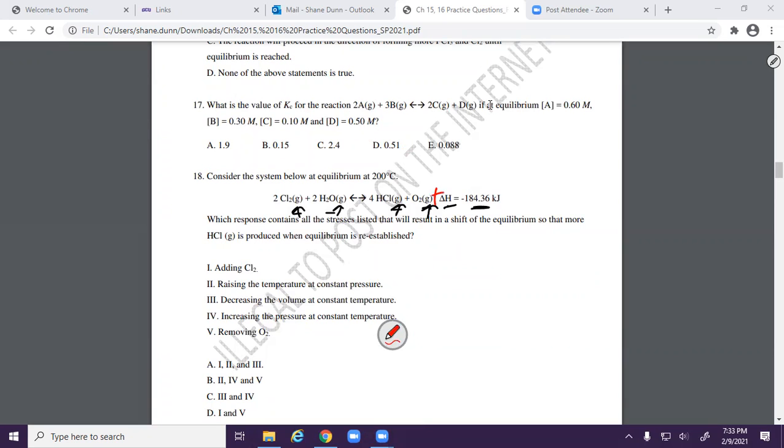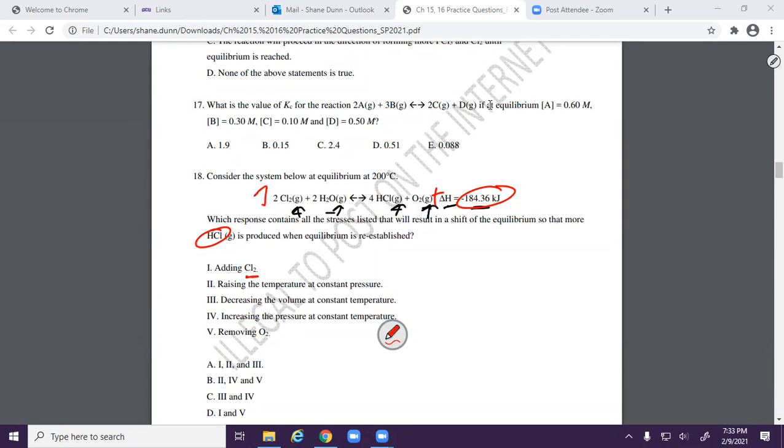The product side. It's exothermic. Okay, so what stresses will make more HCl gas? We're adding more of this. If I add more chlorine, will that force the reaction to make more hydrochloric acid, HCl, yes or no?